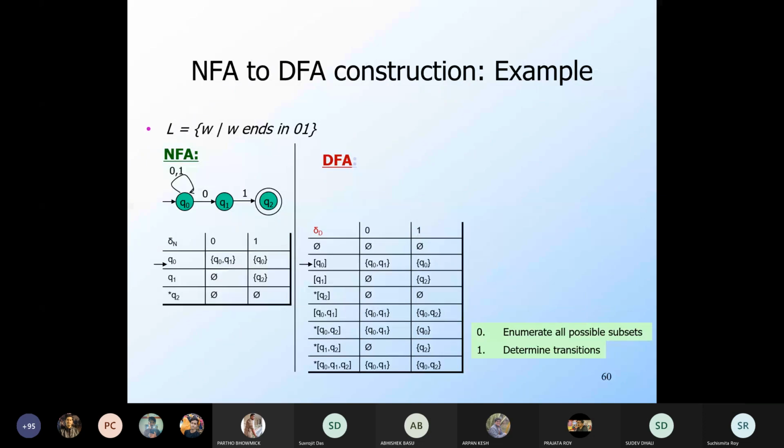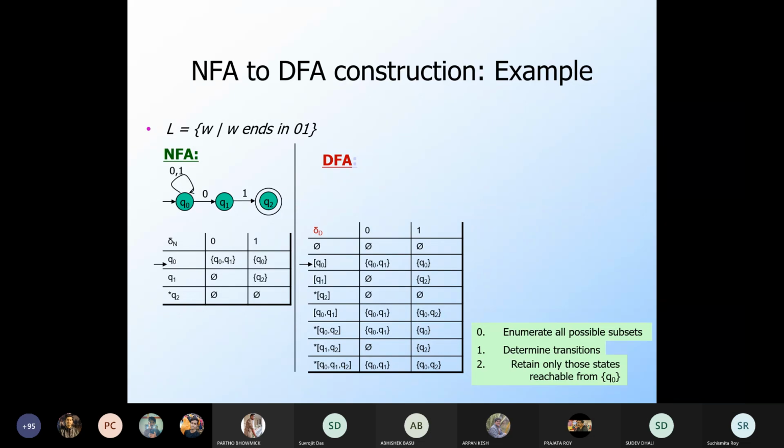Now, the next step is to retain only those states which are reachable from Q0. A number of states have been created, because we have basically looked at the power set. All of these subsets may not be required because we really cannot reach those subsets by any path which starts at Q0. And remember, Q0 is the initial state, so you will only follow those paths which start from Q0.